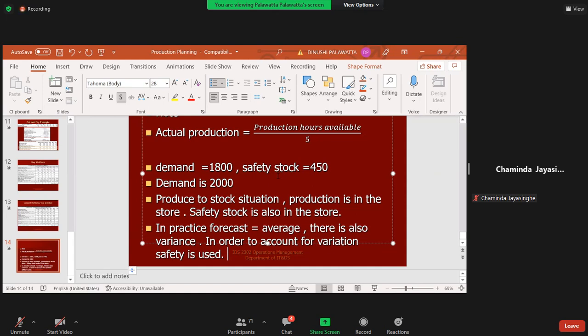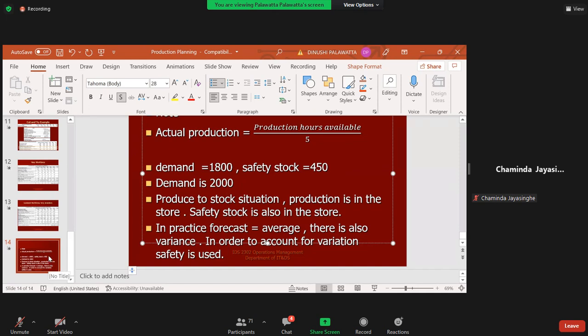And then in another period, when the demand goes up, you have to use the safety stock. So that's how it is. And after using the safety stock, if there is more demand, that part goes to shortages.